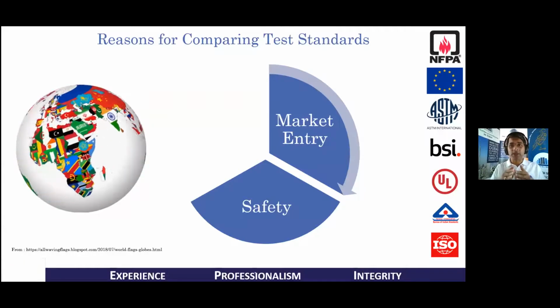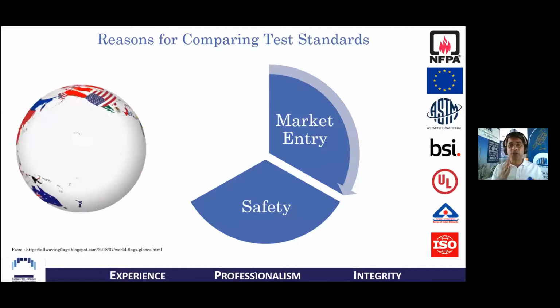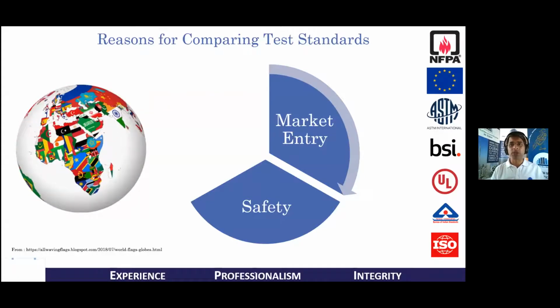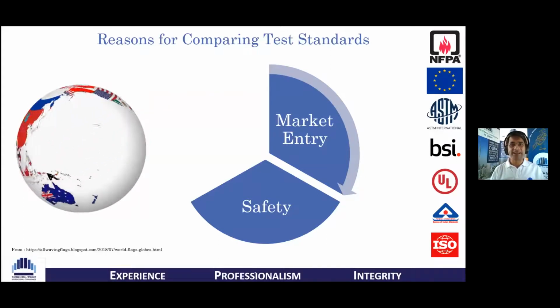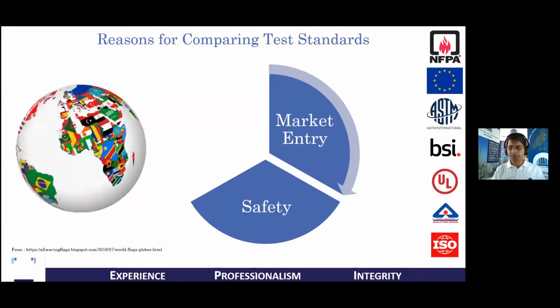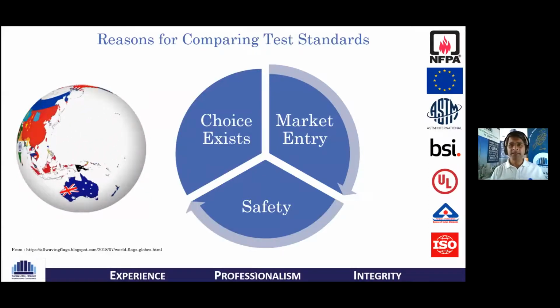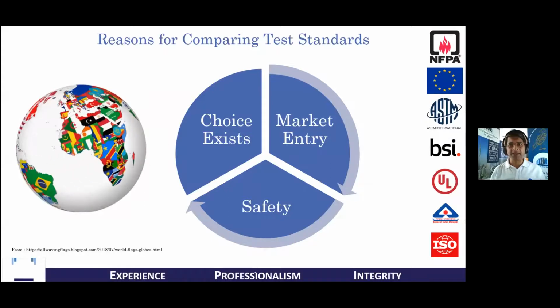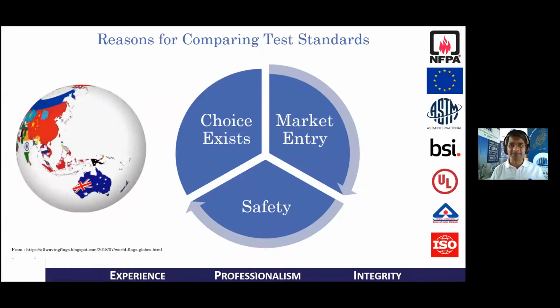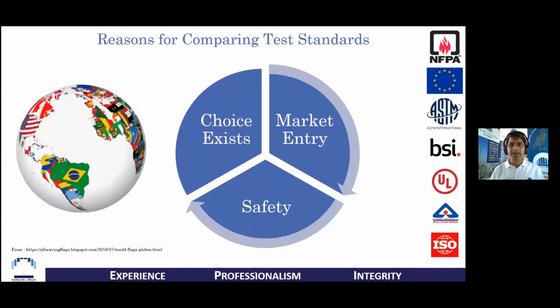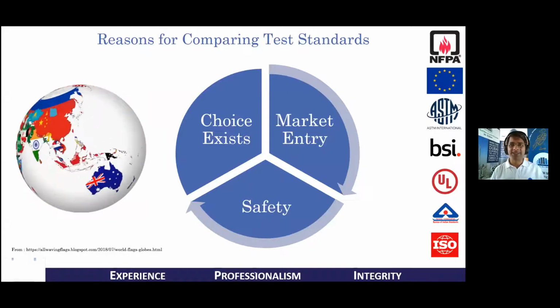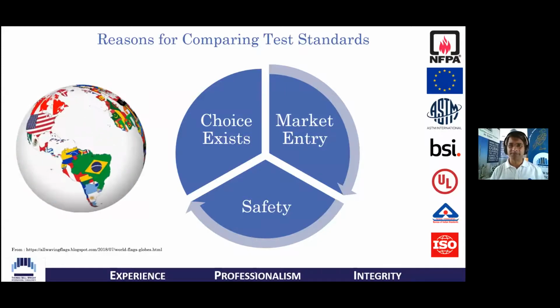And hence that will drive down to what standards we should test to validate the fire resistance. And the problem comes in many areas where choice exists. You can choose any standard, and this choice should be used properly.